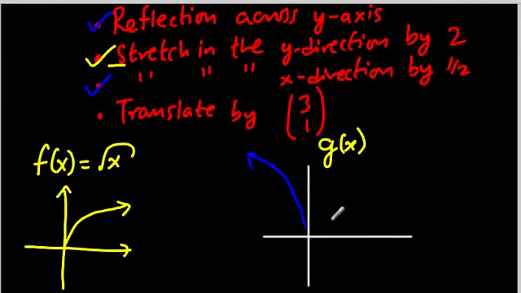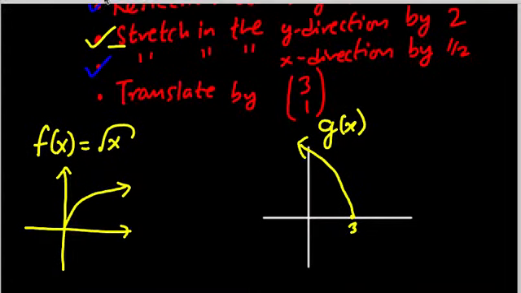Next, it's translate to the right by 3. So here's 3, for example, and I'm going to translate it to the right. Boom. And I'm going to erase the older one. So I've taken care of the 3. And now it's up by 1.